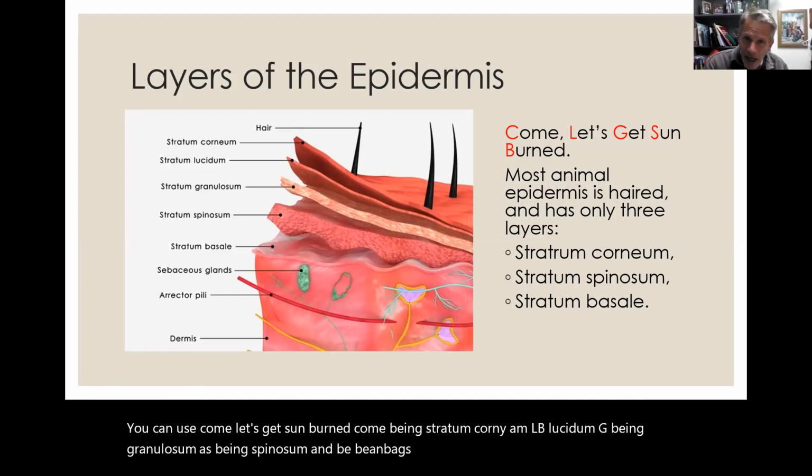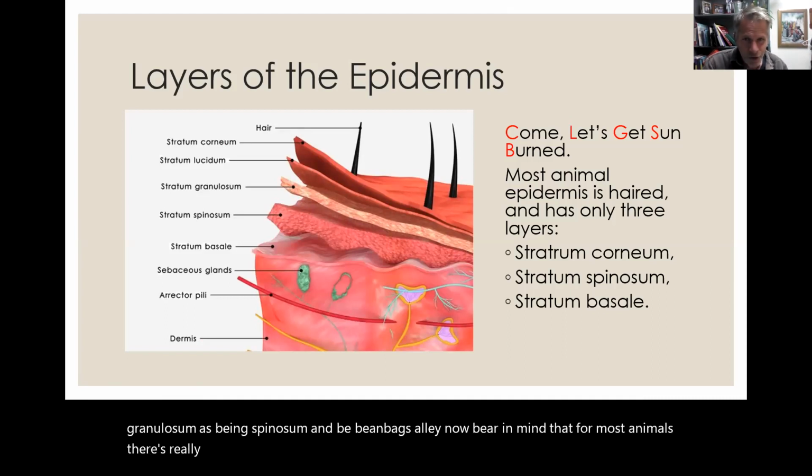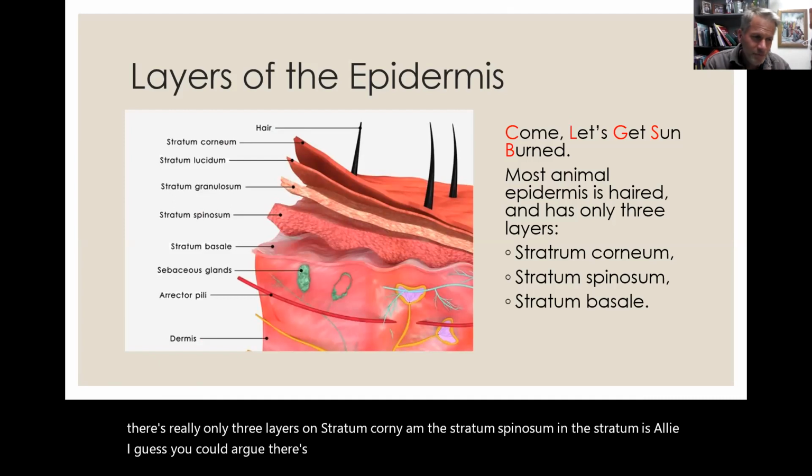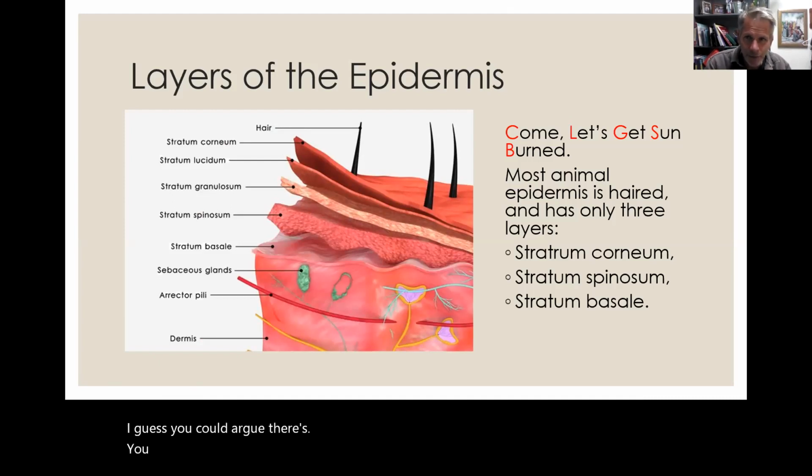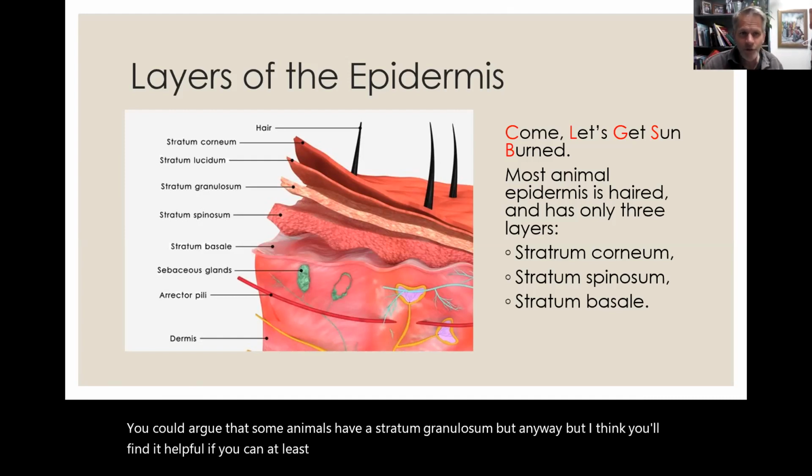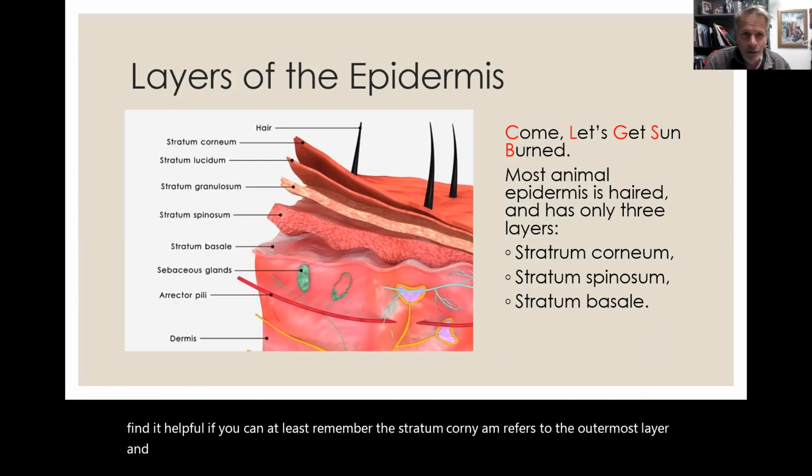Now, bear in mind that for most animals, there's really only 3 layers: the stratum corneum, the stratum spinosum, and the stratum basale. You could argue that some animals have a stratum granulosum, but I think you'll find it helpful if you can at least remember the stratum corneum refers to the outermost layer, and the stratum basale refers to the innermost layer.